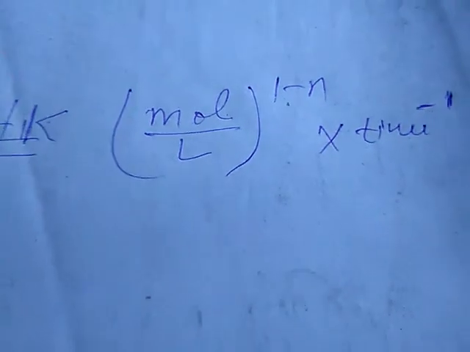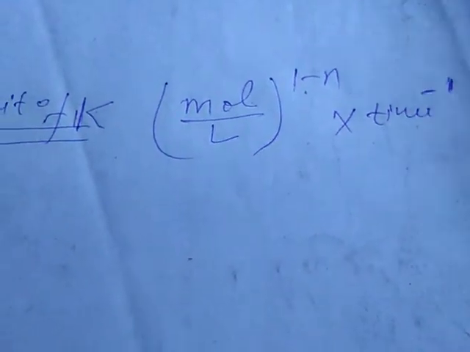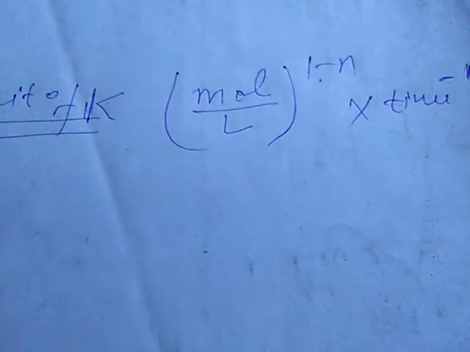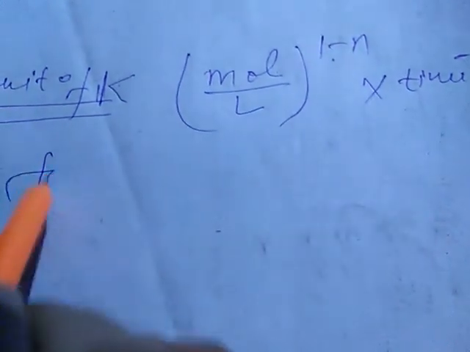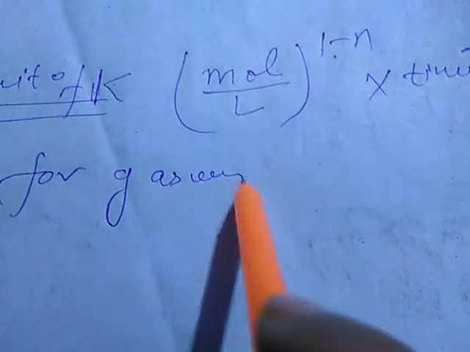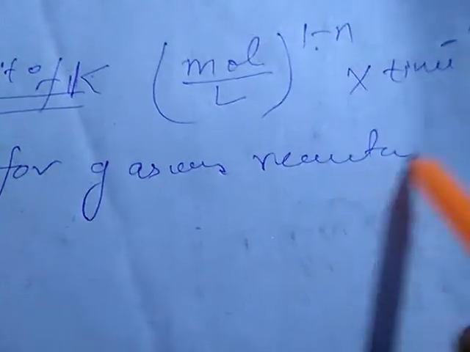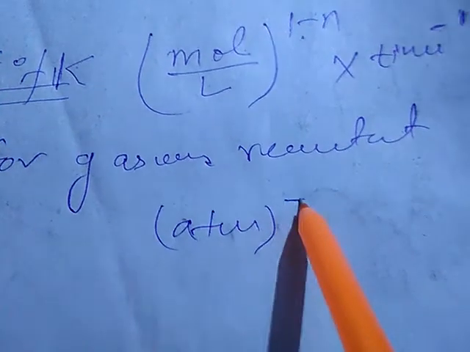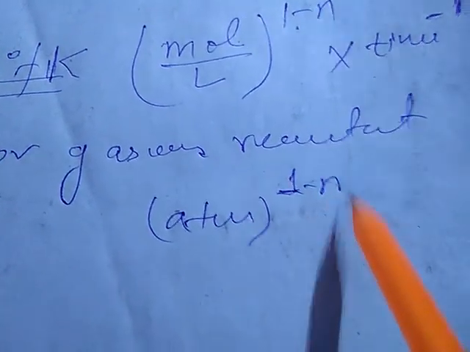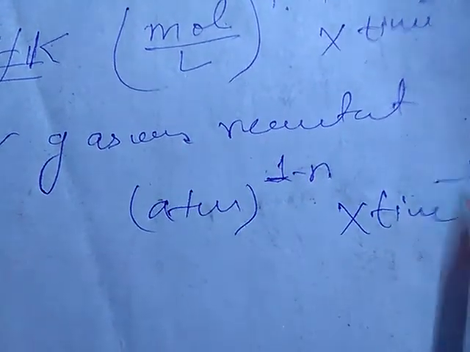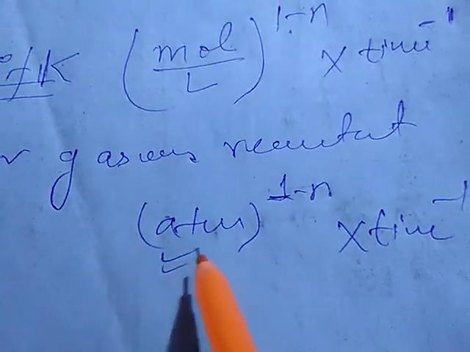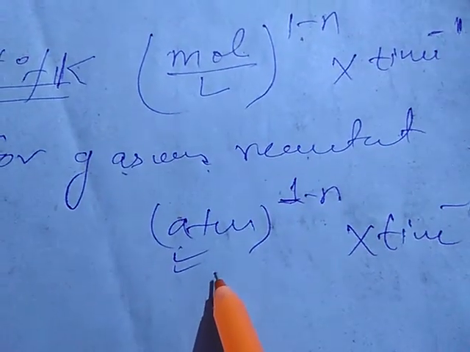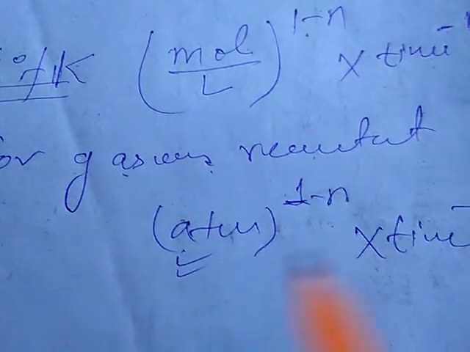This will be the unit for K, meaning the rate constant. And if the reactant is gaseous, then the unit of K will become atm raised to the power 1 minus n into time to the power minus 1. Atm is used because for a gaseous reactant, concentration is measured in terms of partial pressure.